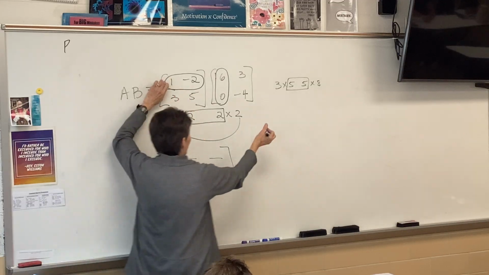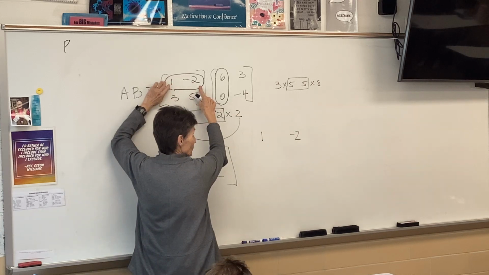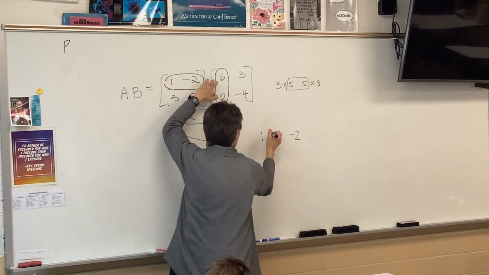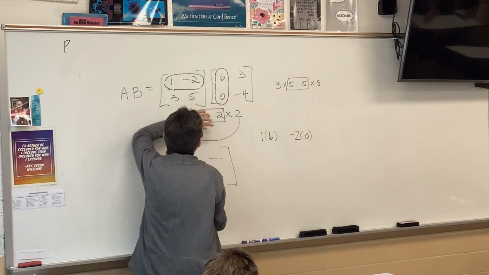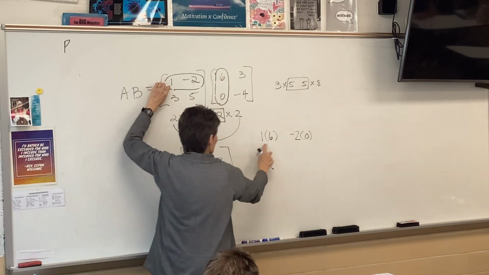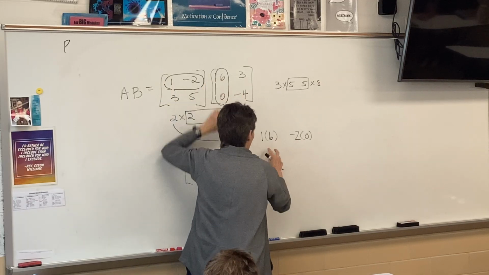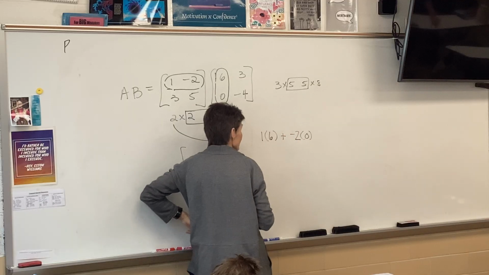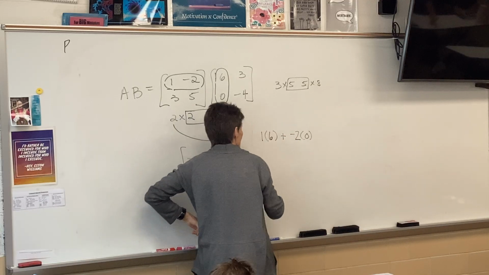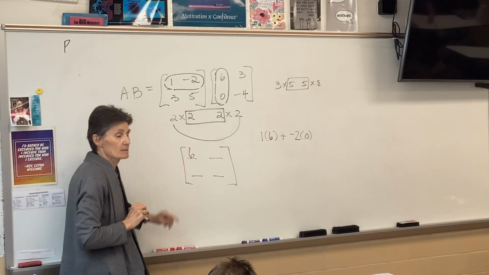So I like to write down my row numbers, 1 and 2. Then I match them up with my column numbers. So 1, -2, 6, 0. I multiply each pair and add them together. So the number that goes in this spot right here is 6.